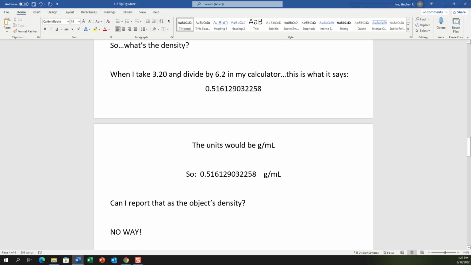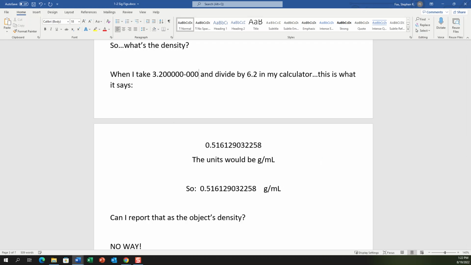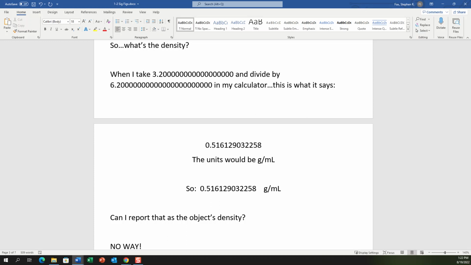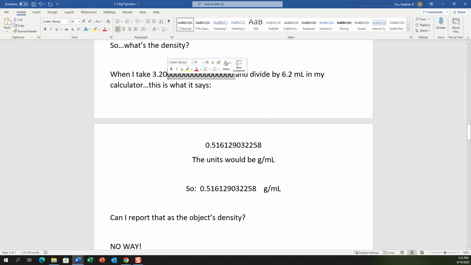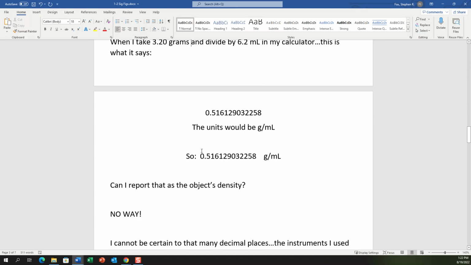Now maybe if this was my measurement for mass and that's what the digital balance precision went to, and this was my measurement for volume, I'm not going to add a million zeros here, then yeah, I'm pretty certain that that's the density. But no, that's not what I got. I got this measurement for volume, oops, need my unit there, and I got this measurement for mass. So I can't report that.